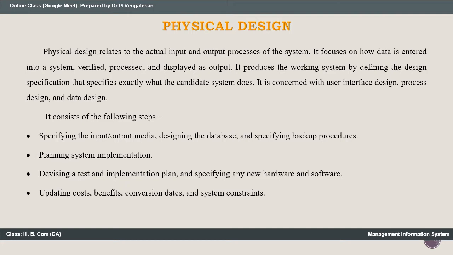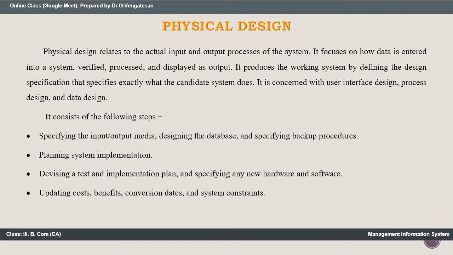These physical designs consist of the following steps. It specifies the input-output media, designing the database, and specifying the backup procedures. Planning system implementation, devising a test and implementation plan, and specifying any new hardware and software, updating cost, benefit, conversion date, and system constraints. All these are planned and designed under the head called physical design.